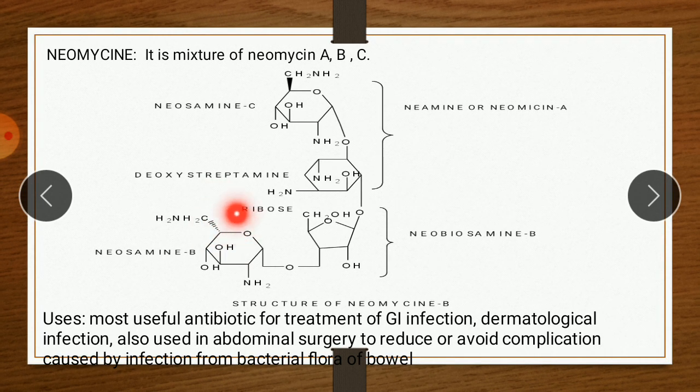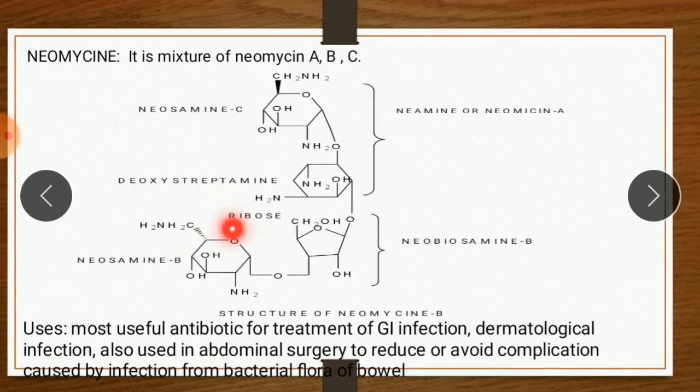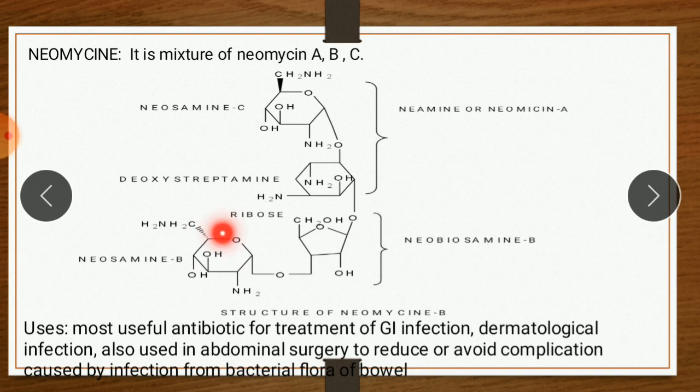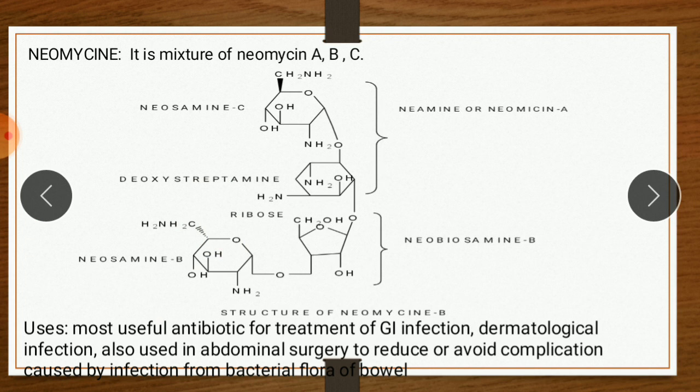When there is a dotted bond, that is below the plane, it is the structure of Neomycin B. If we convert this dotted bond into a dark bond, that is above the plane or beta position, then this structure is called Neomycin C.